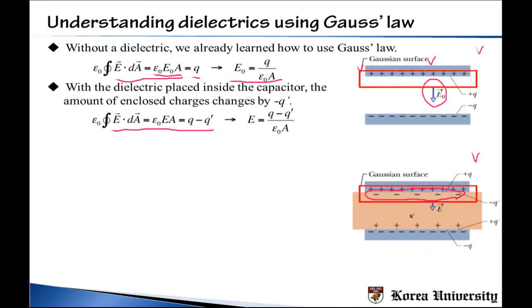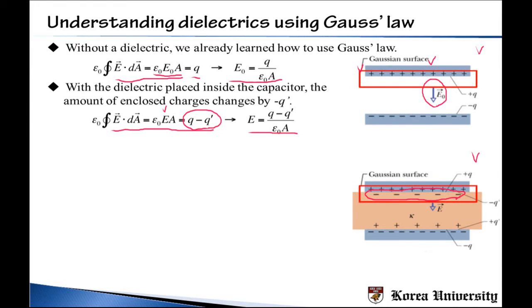Now the total enclosed charge will be Q minus Q prime, as we have just said, and the electric field between these two plates is no longer E naught, but E, which is reduced compared to E naught. We can again summarize this using this equation. Remember how we defined the constant kappa in the previous slide.